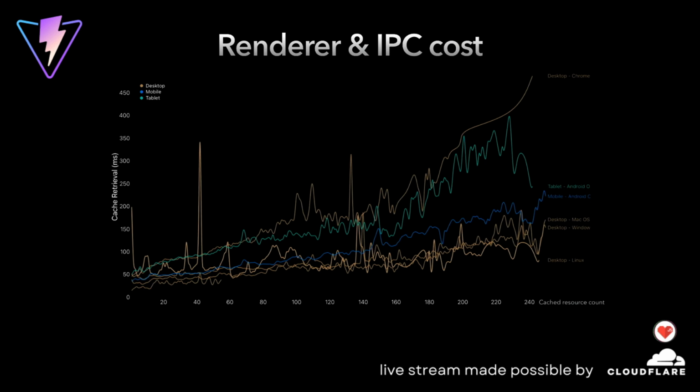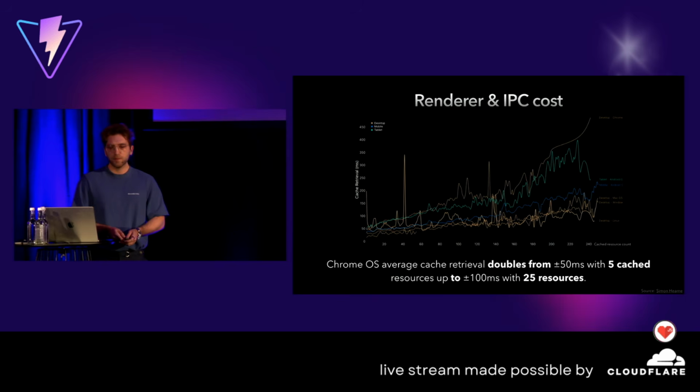So this isn't even about the first visit, it's about the second visit or the third and so on. And what he found is, for example, Chrome OS has an average retrieval time of 50 milliseconds for 5 cached resources. And that doubles to 100 milliseconds at 25. And if we keep in mind that 25 is the sweet spot, we know everything above is going to be even more costly, and we see it in the graph as well.